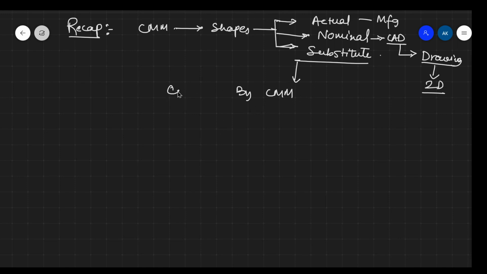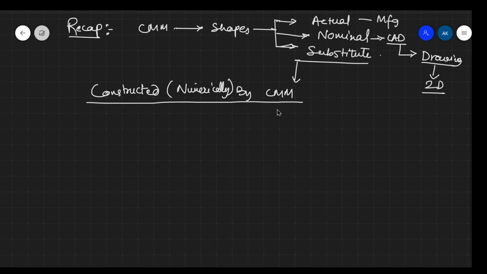So it's better to write: constructed by CMM, and this is done numerically. This construction was done by fitting a form in a point cloud.